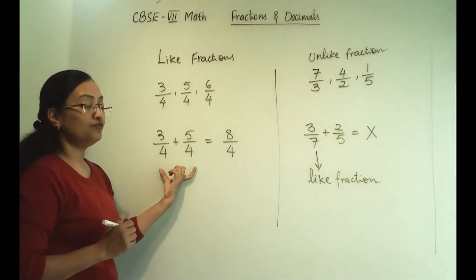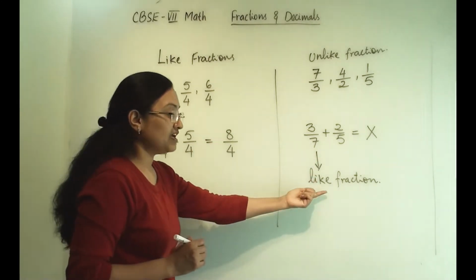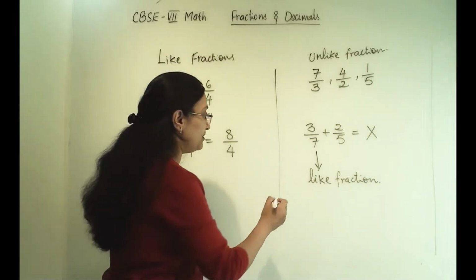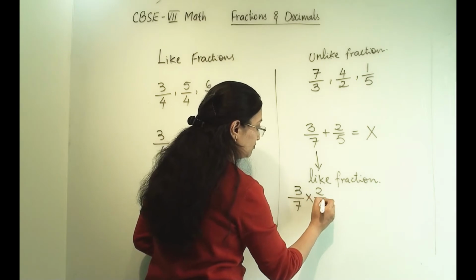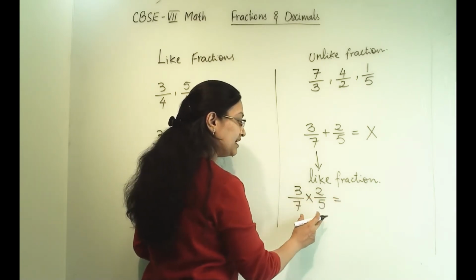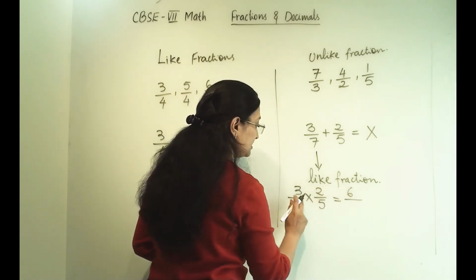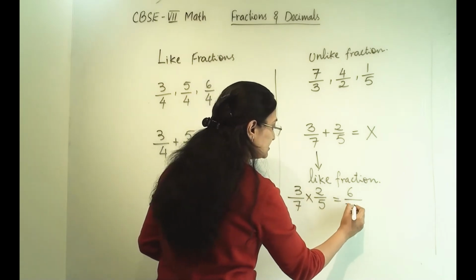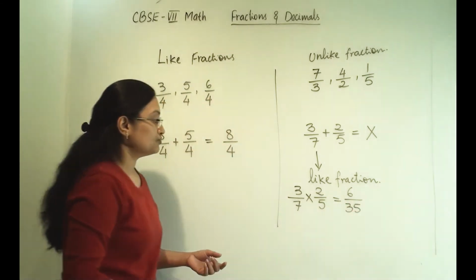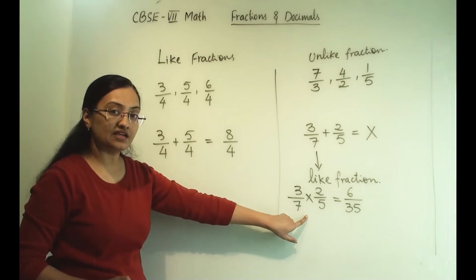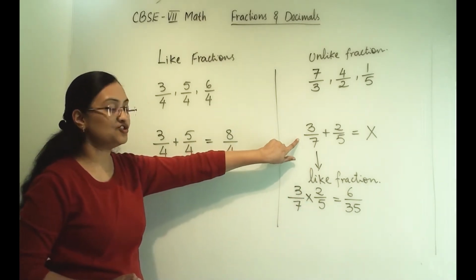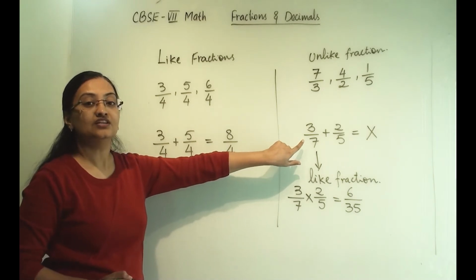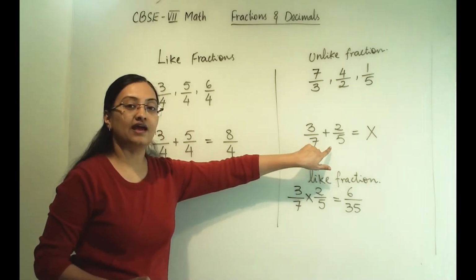But if two fractions are unlike but they are in multiplication, for example like this, the same fraction we are taking, 2/5, so we can multiply them. So here it is 6 and here it is 35. So like this we can do the multiplication, division, both the things are possible here, but addition and subtraction is not possible for unlike fractions.